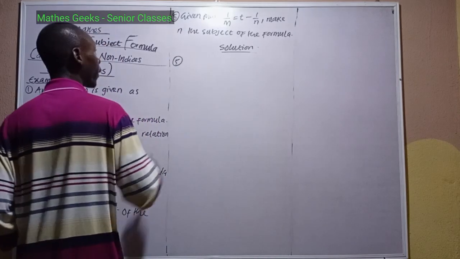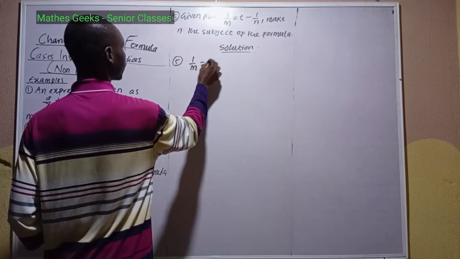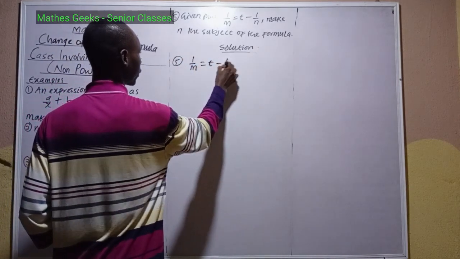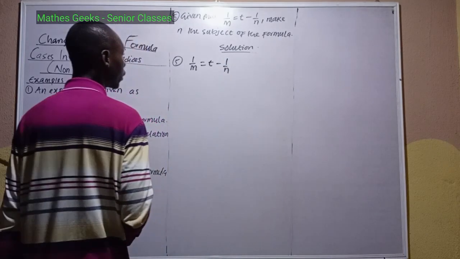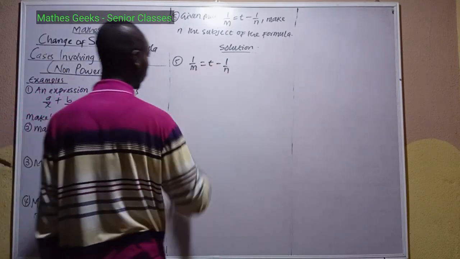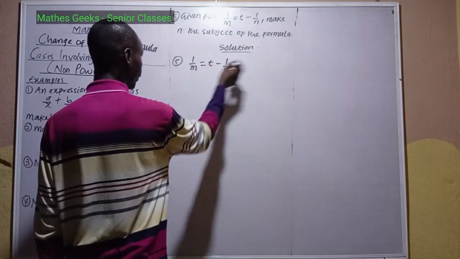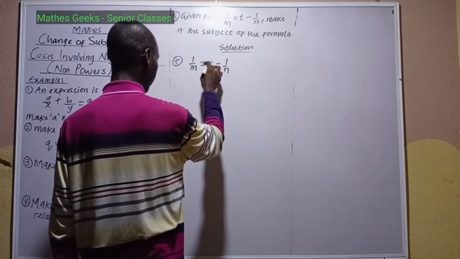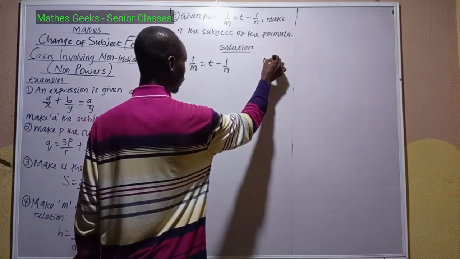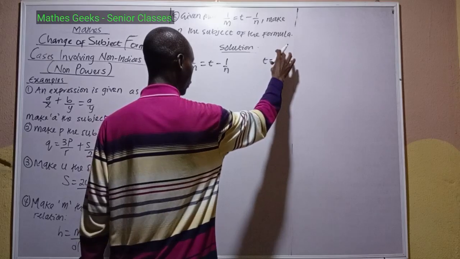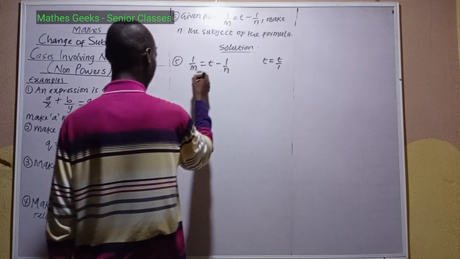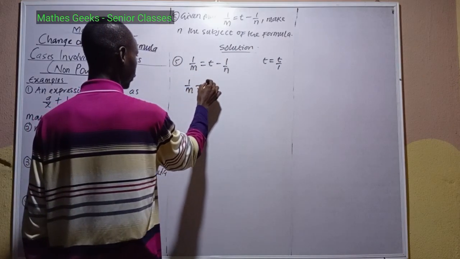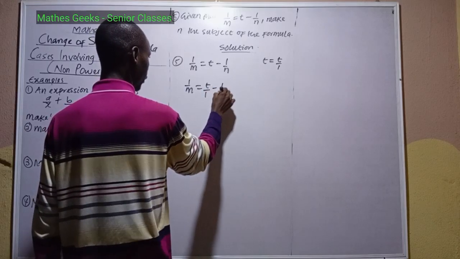Number 5. 1 over n is equal to t minus 1 over n. Now to make n the subject of the formula, I'm going to make these fractions. That t is equal to t over 1. So I'll put this in place of this here. 1 over n is equal to t over 1 minus 1 over n.